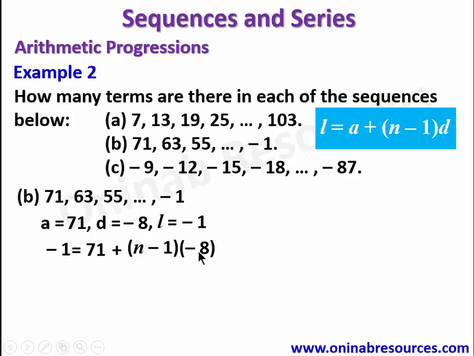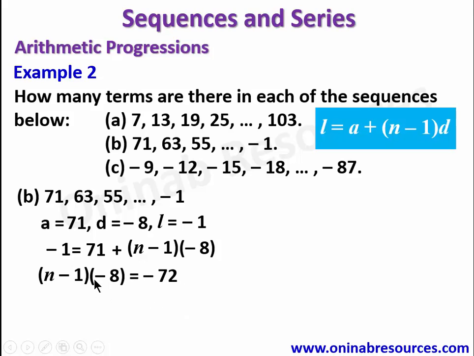I love putting my negative values in brackets to avoid any form of confusion. So I'm returning this to this side, which is (n minus 1) into negative 8. Then this is coming here, which will give me negative 72.